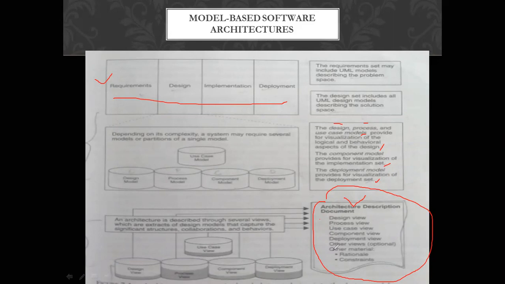Okay, and the architectures we have to make should describe some essential information from the design. So these are some introductory points that you have to remember related to model-based software architectures.